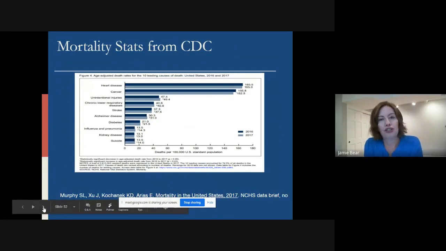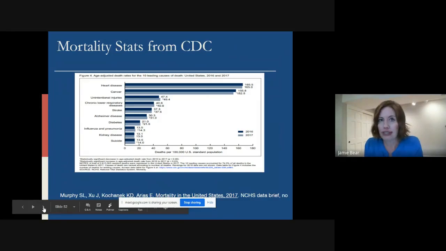Okay, and finally to finish up, heart disease is a major contributor to mortality throughout the world, especially here in the United States. So this is the most up-to-date picture of mortality statistics from the Centers for Disease Control. So as you can see here, heart disease is the #1 reason for mortality or death. Cancer is #2.